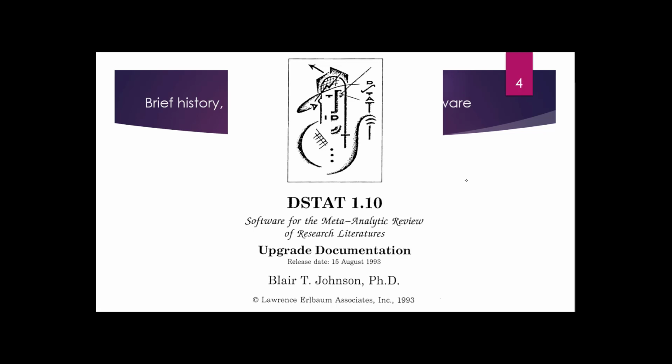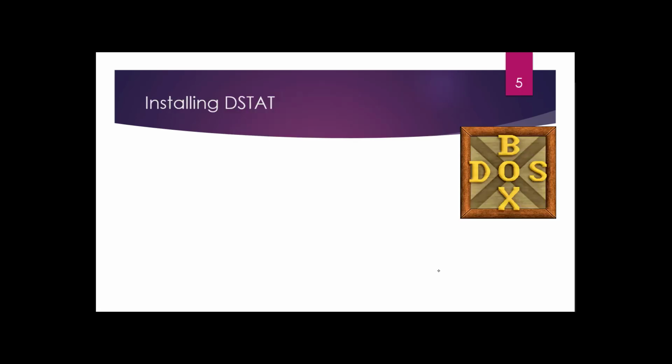It was not just calculating effect sizes. It also did model testing of effect sizes. It was originally commercial software. I've since regained the copyright to the software. I can distribute it for free. Just drop me an email.